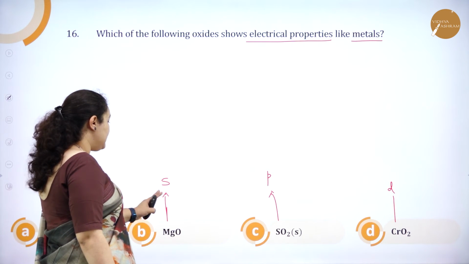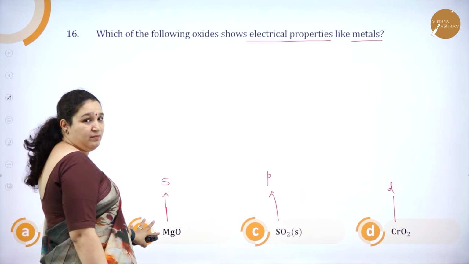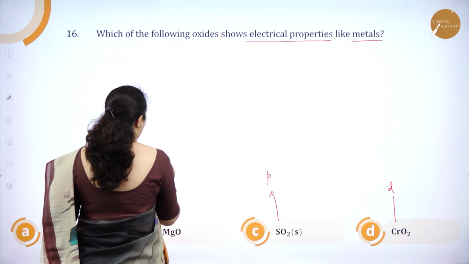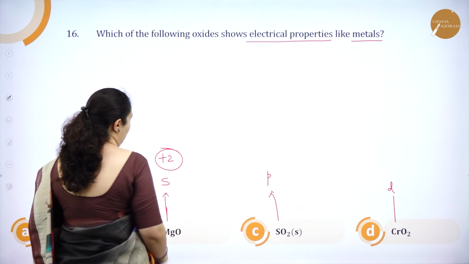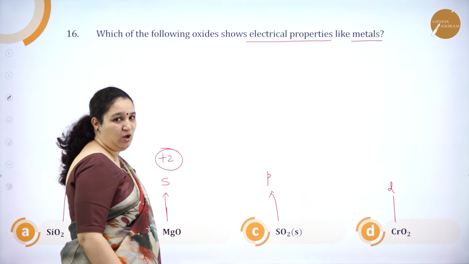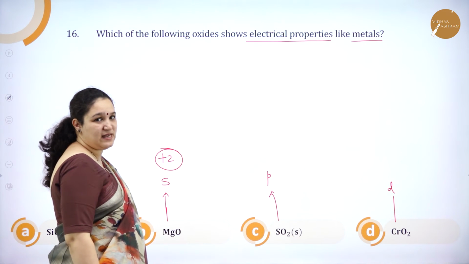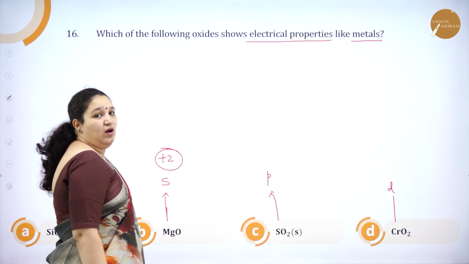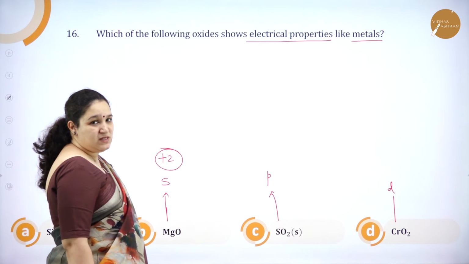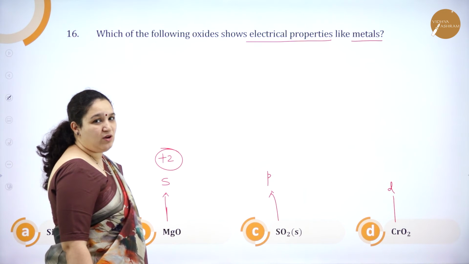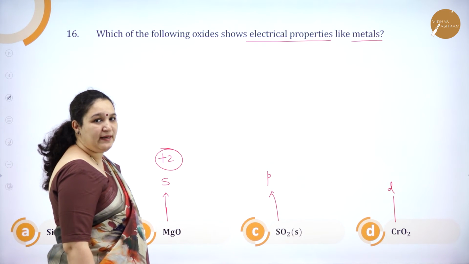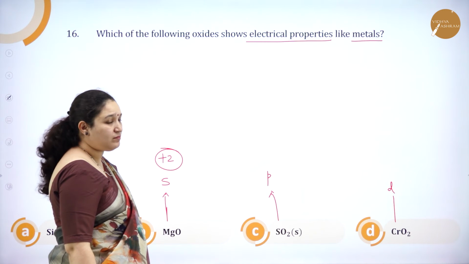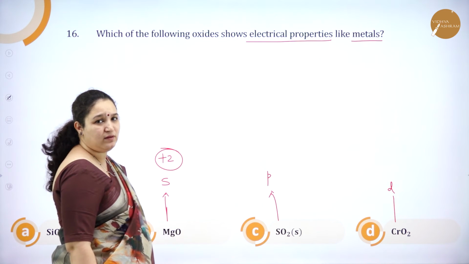Magnesium oxide is a metal oxide, but it will show only one oxidation state, +2, and the element has a small atomic size. Silicon dioxide belongs to P block and is also a non-metallic oxide, or a metalloid.